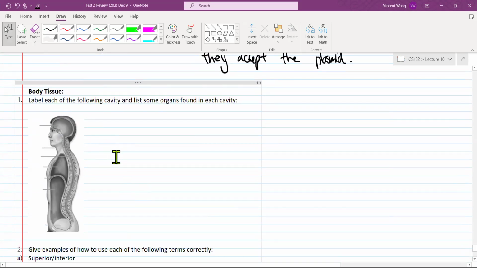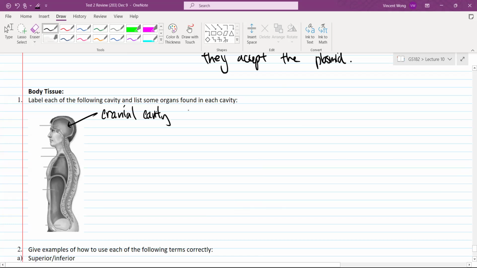Body tissues. Label each of the following cavities. We did it already in class, but just go through it again. This is the cranial cavity. It has the brain in it. Just know the ones I'm labeling. This is the thoracic cavity, which has things like the heart and lungs.